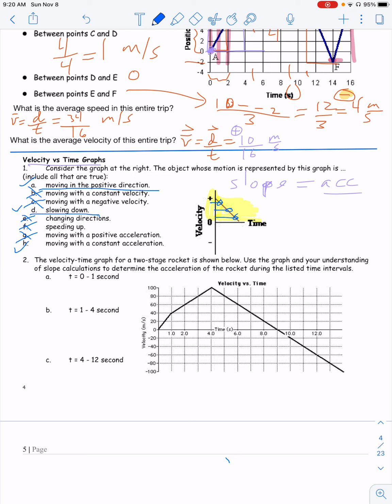Yes. The line is straight, and the slope at any point on a straight line is identical to the other points on that line. So yes, constant negative acceleration. So those three things are right.